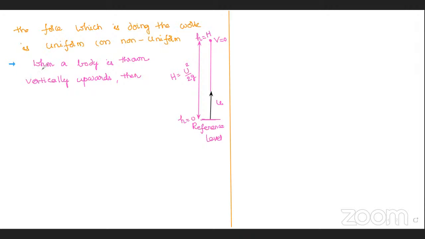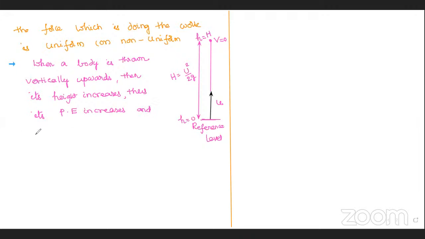Exactly, that only I am going to write here. When a body is thrown vertically upwards, then, exactly what you wrote, height increases, thus its potential energy increases.